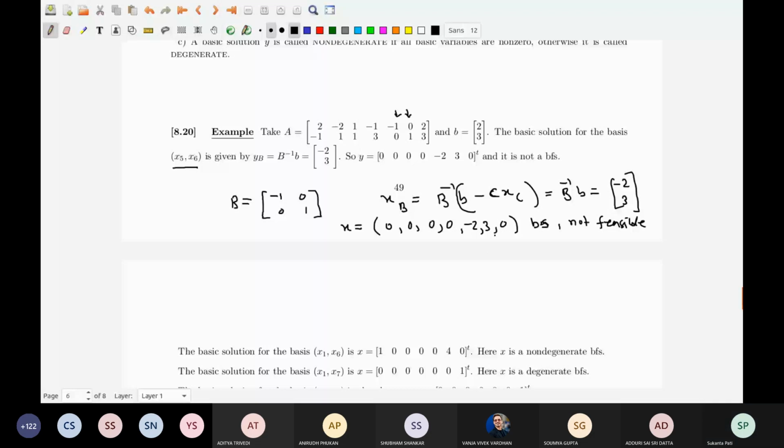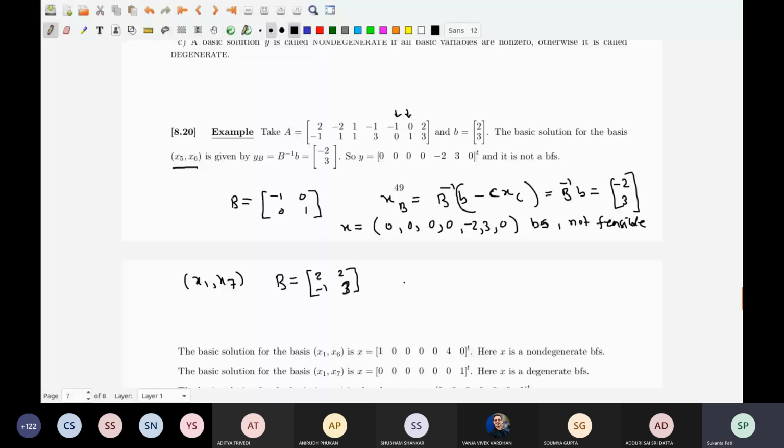I take x1, x7. What is B? Now B is the first column and the 7th column. And then what will be B inverse b?